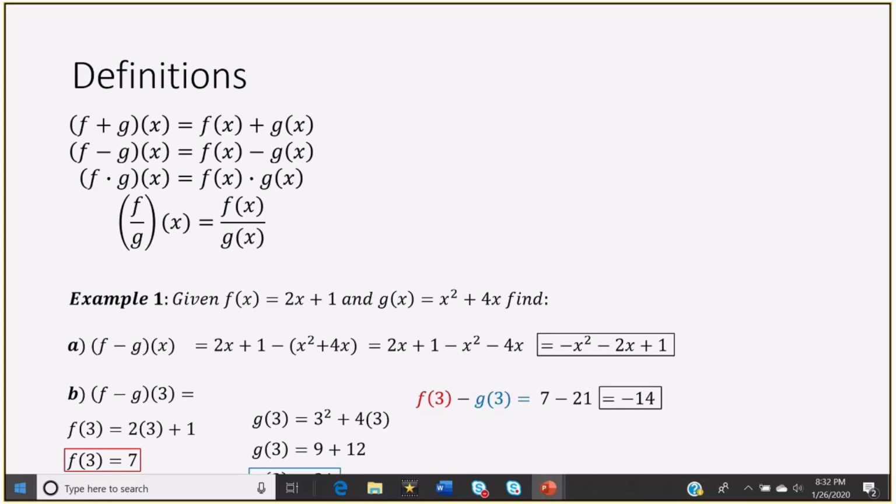And what I could do is I could plug in 3 into that result that I found in part A, and then we'll get the same answer. So quite often it is easier to find the parts and then get the final number, but sometimes you might have already found the function, or sometimes finding the function or adding or subtracting the individual functions isn't so hard, so you want to do that first and then plug in. Either way is fine.